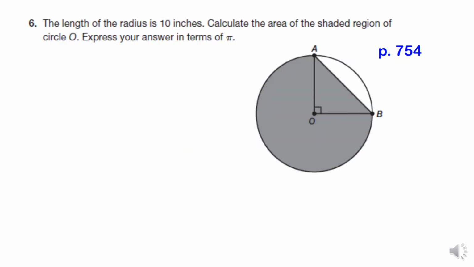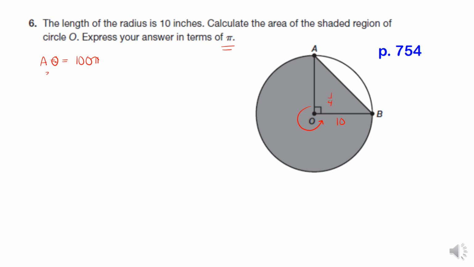Okay, so we're going to do this one in terms of pi, and we're also going to do the estimated answer. So the length of the radius is 10. Okay, so the first thing I'm going to find is the area of the whole circle, and that is pi r squared, so that would be 100 pi. Okay, now if you just look at this area, this is 3/4 of it, because this is 1/4, right?